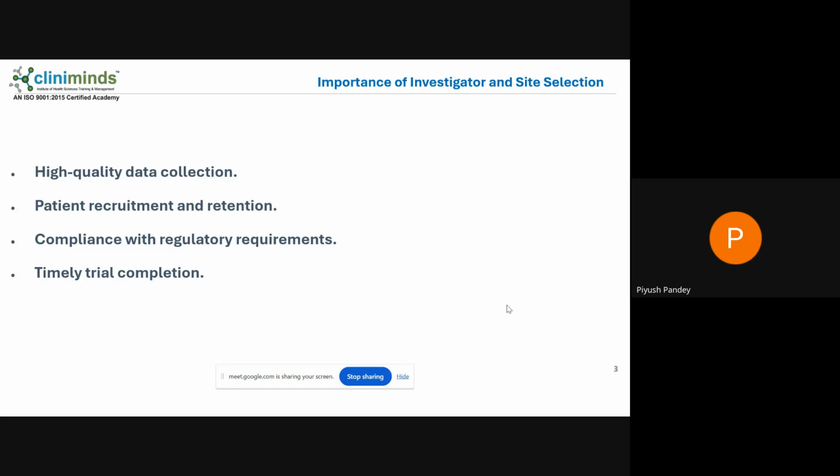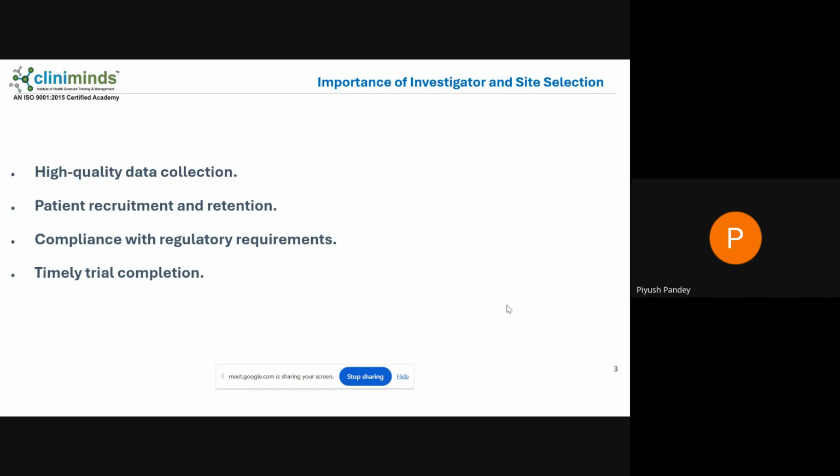There are a few points on the importance of investigator and site selection, which I have highlighted in this slide. Selecting the right investigator and the right site ensures high quality data collection, following the ALCOA principle.